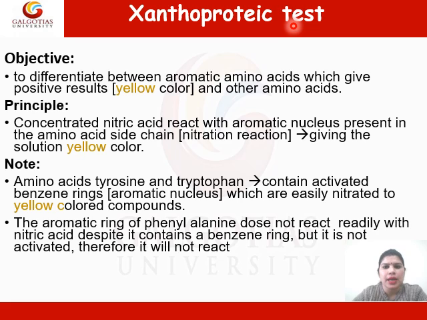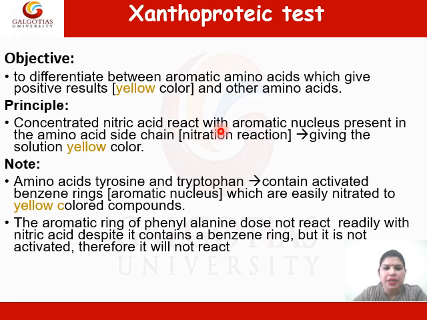This is the basic principle behind the xanthoproteic test. The objective is to differentiate between the aromatic amino acids, which give a positive result, basically the yellow color, and other amino acids. So the xanthoproteic test is used for differentiating between aromatic amino acids and other amino acids.